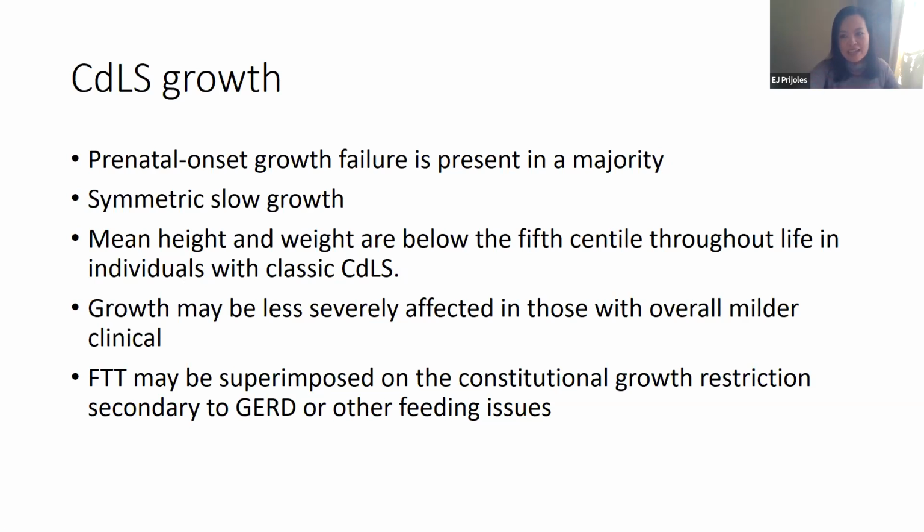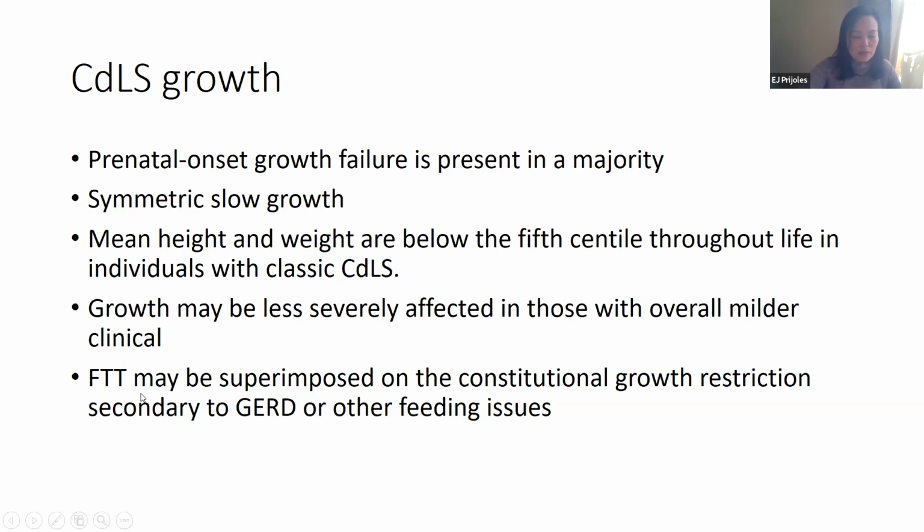There is wide variability in individuals diagnosed with Cornelia de Lange, and multiple genes have been associated with it, so a lot of these classic features may not be readily seen.